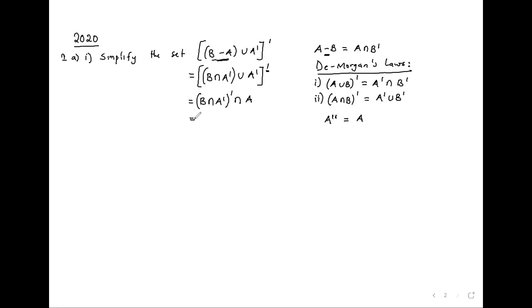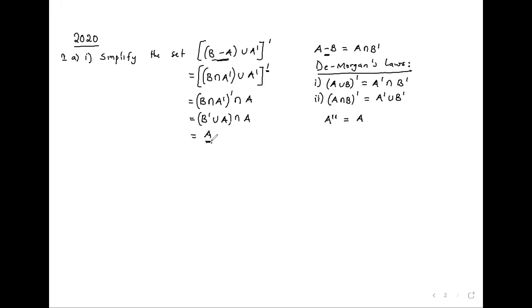And then from there, you take again this complement, we'll have B complement union A intersection A. From this point, if you find a set A appearing inside the brackets and also standing outside with different operations, union and intersection, then the answer becomes A.